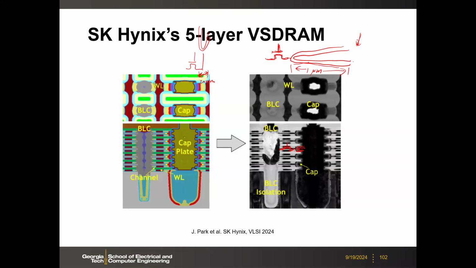But I don't know. I mean, this is still under research. But my assessment is that you have to stack this many layers to really get a density advantage compared to 2D DRAM at a nanometer node. So this one you have to stack many layers. Okay.